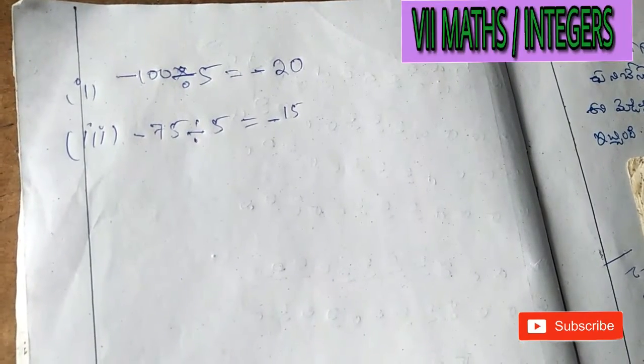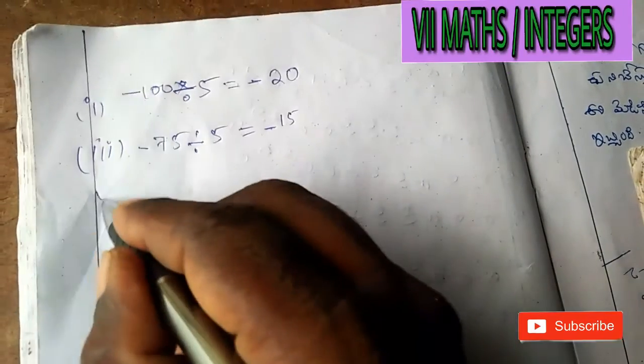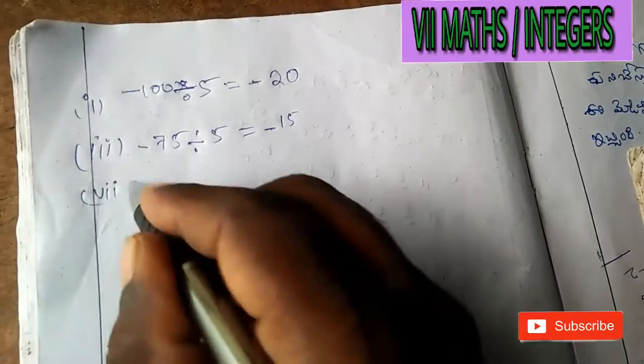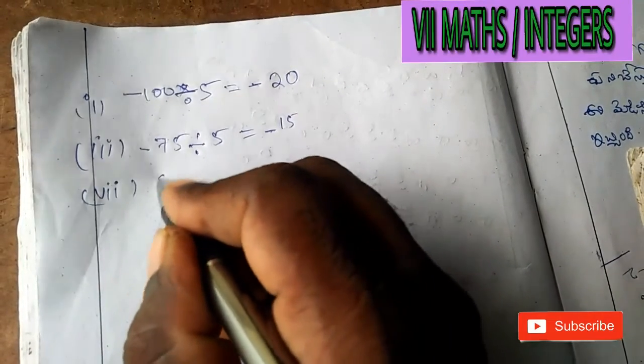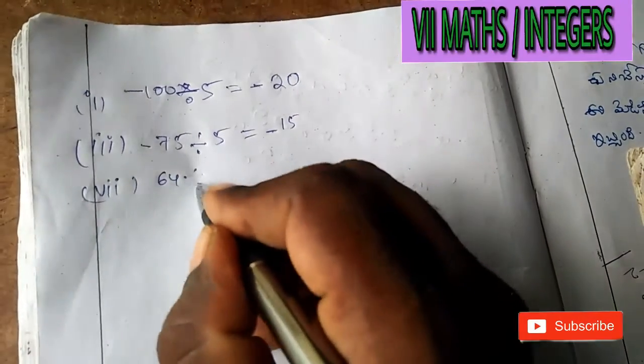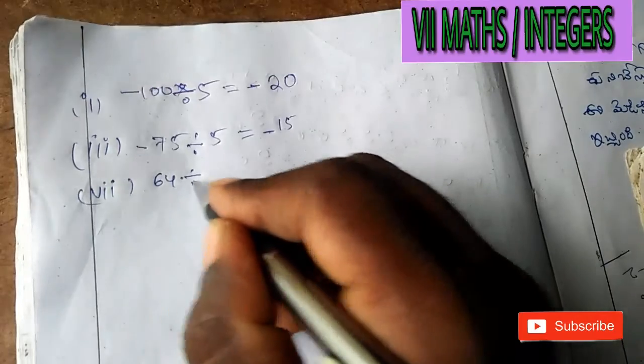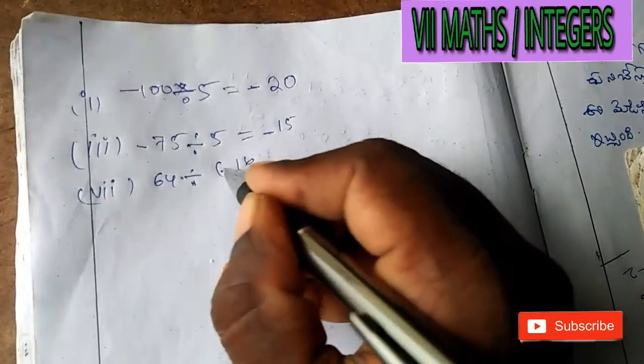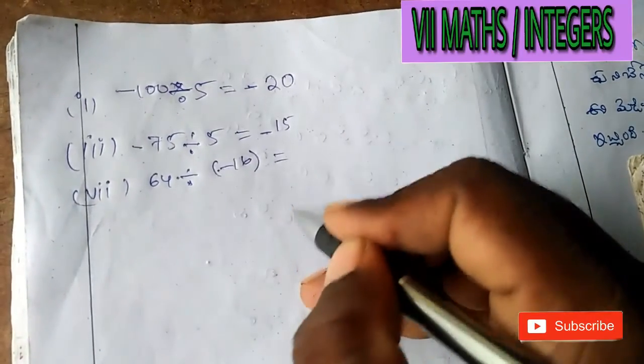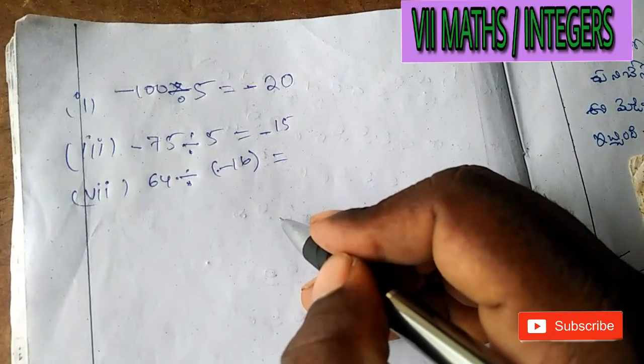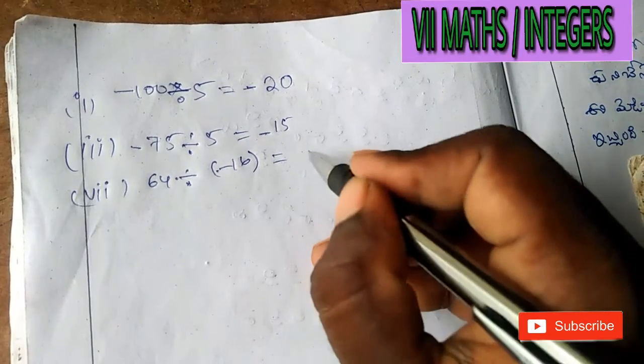Then I am going to solve the seventh problem. What is the seventh problem? If you have a textbook, you can open it and see it. 64 divided by minus 16. 16 4s are 64.